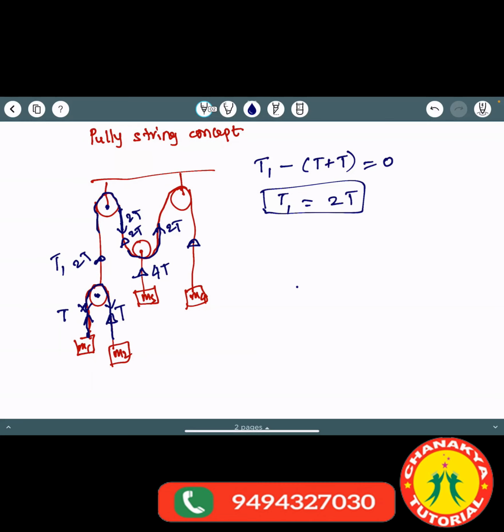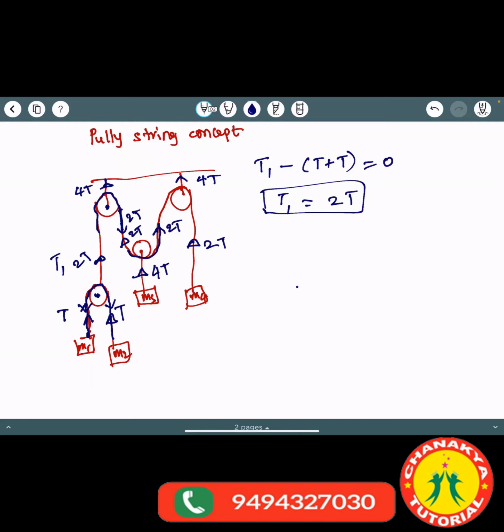Sir, 40. Very good. What will be the tension here, Shreyuta? 40. Very good. What will be the tension here, Samhita? Sir, 40. Very good.